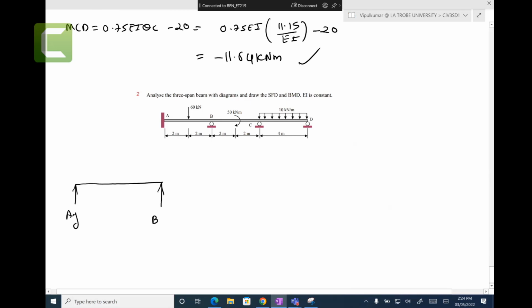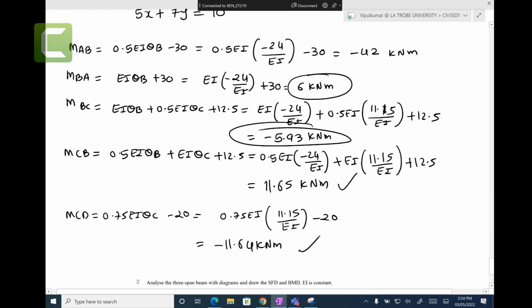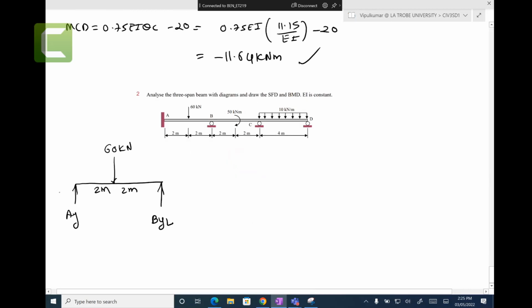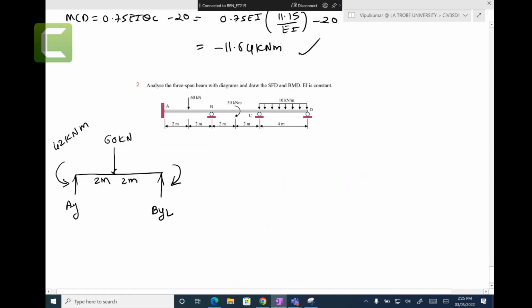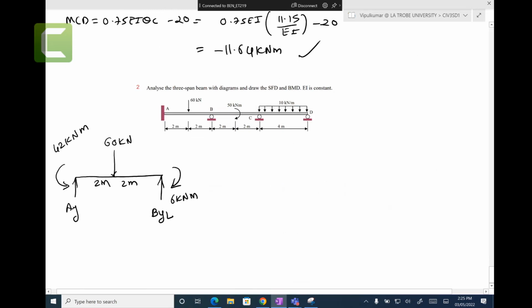AY, BY left side, 60 kilonewtons, 2 meters, 2 meters. AB, we got minus 42, so 42 kilonewton meters, clockwise, anti-clockwise, sorry. And then you have this one, which is MBA, 6 kilonewton meters, clockwise. This is point A, point B.